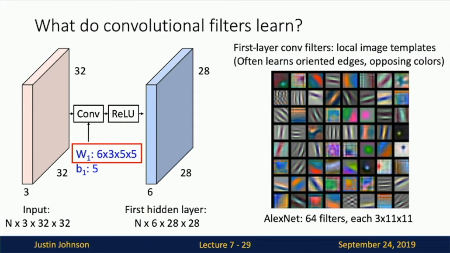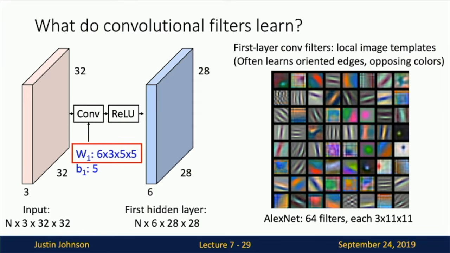So here I'm showing some learned templates from AlexNet trained on ImageNet. In the first layer of AlexNet, it actually has an 11 by 11 convolution that outputs with 64 filters. So then we can visualize each of those 64 filters as a little 11 by 11 RGB image. And then we can get some sense for what these filters are learning.